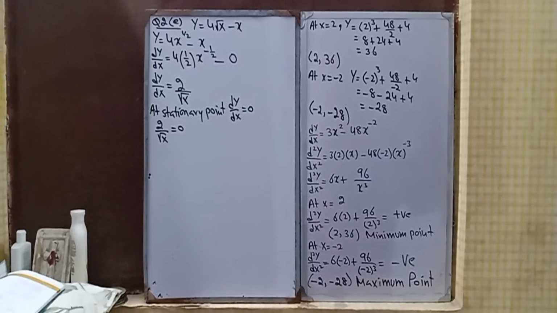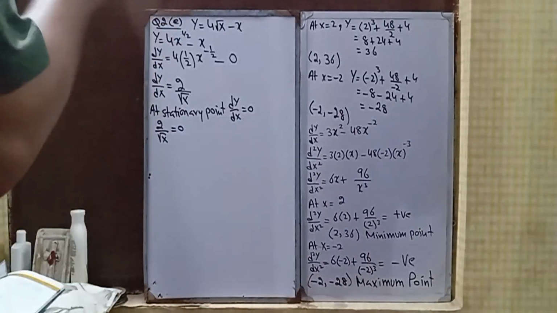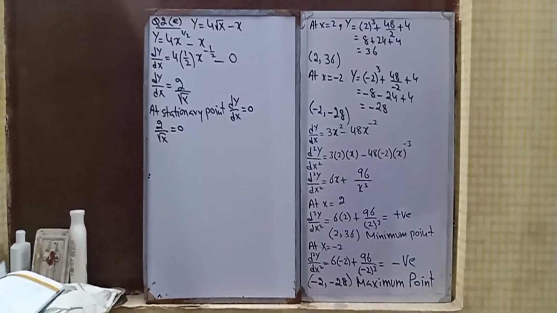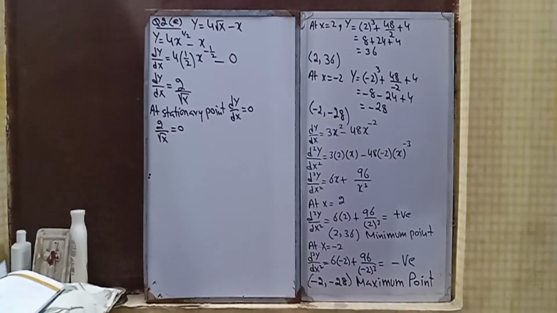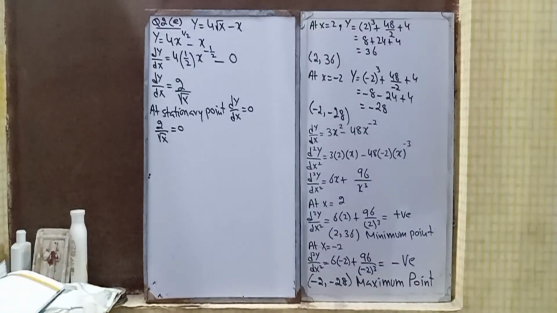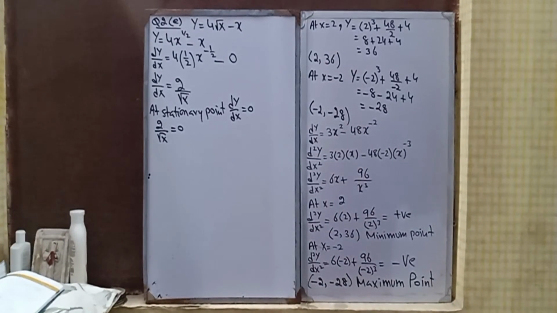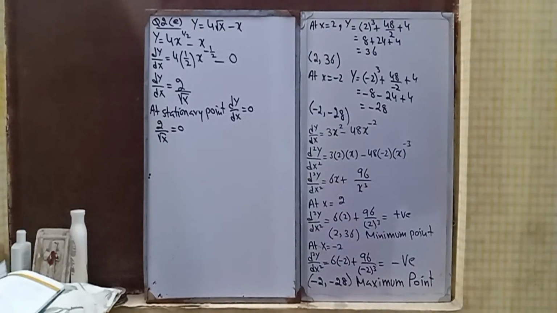I brought the 1 by 2 on the side and decreased the power, and that will be minus 1 by 2, and minus x. Its derivative will be 0. So you are left with only 2 divided by under root x, and I make the derivative equal to 0.